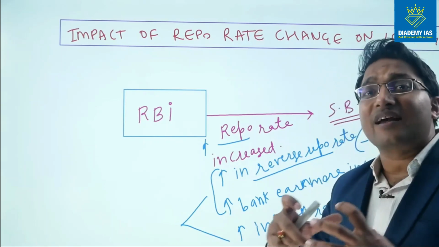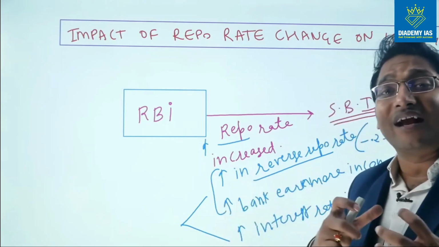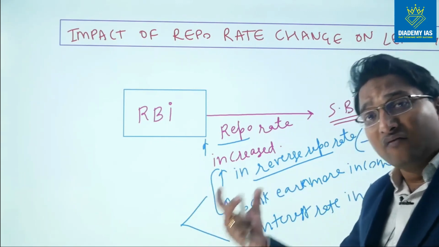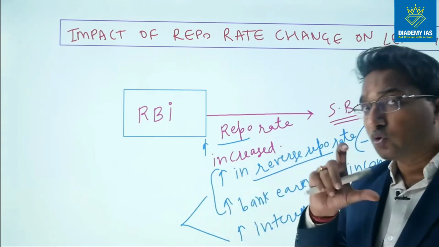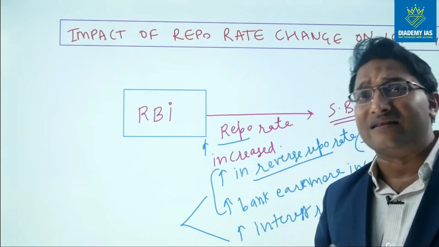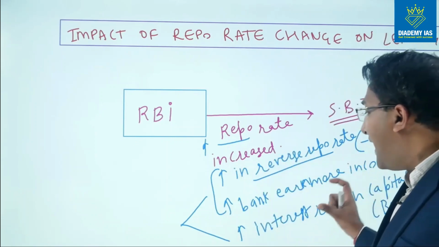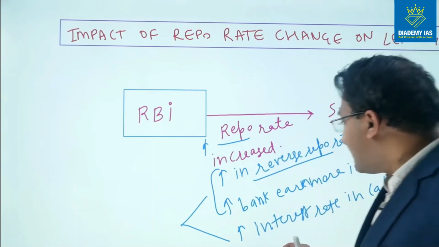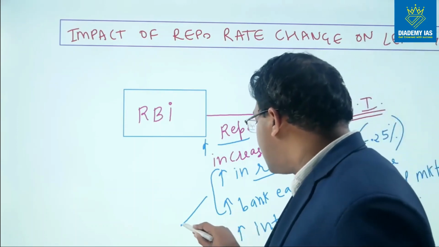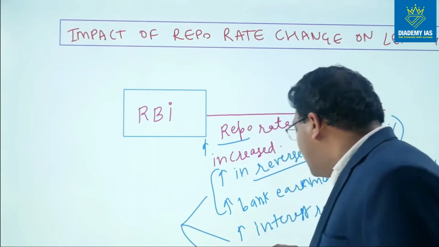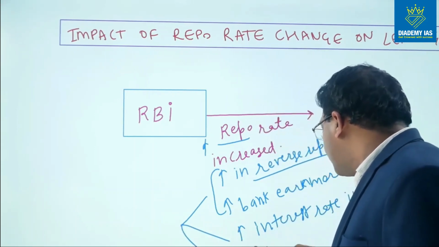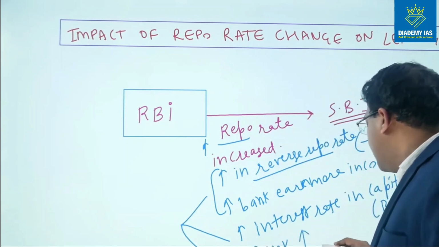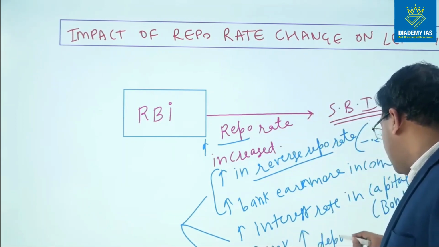So to avoid this kind of transaction, to avoid the tendency where the customer will buy the bond and withdraw the money from the saving account, bank will increase the deposit rate, right? So another impact of this increase in the repo rate will be that bank will have to increase its deposit rates.